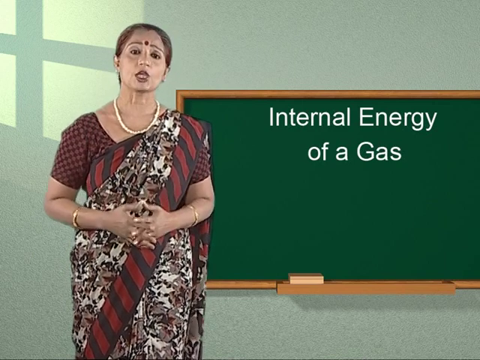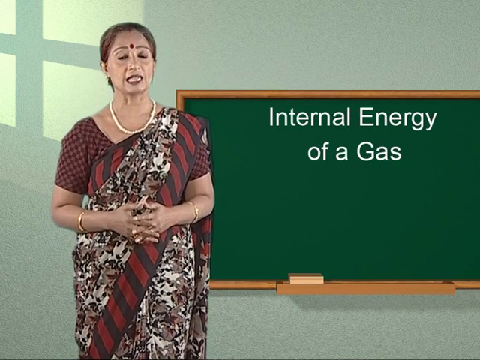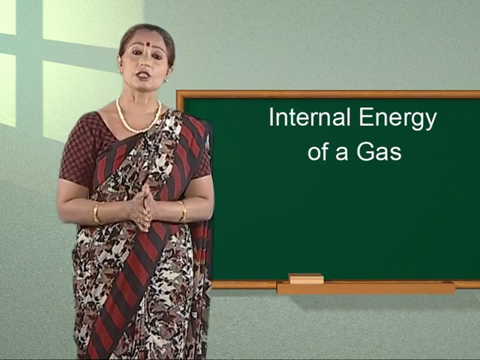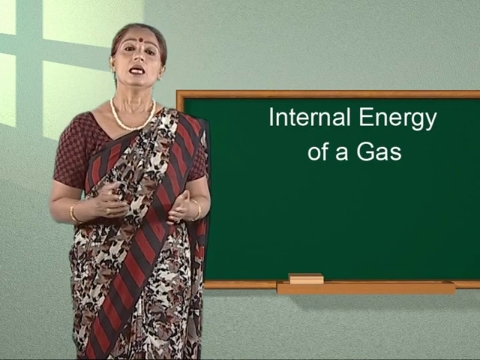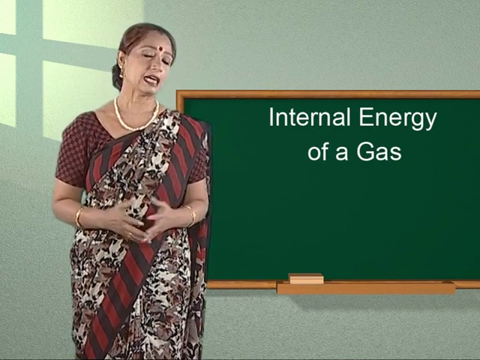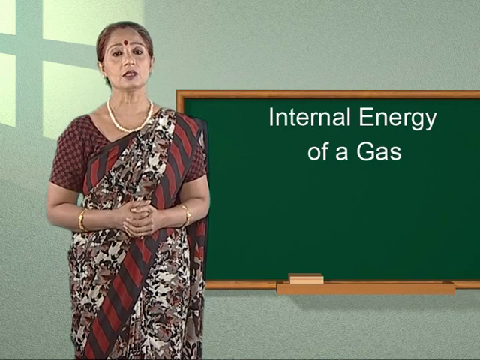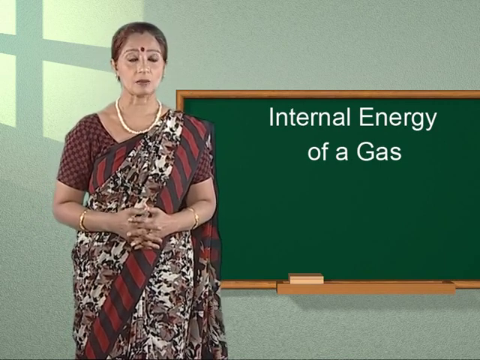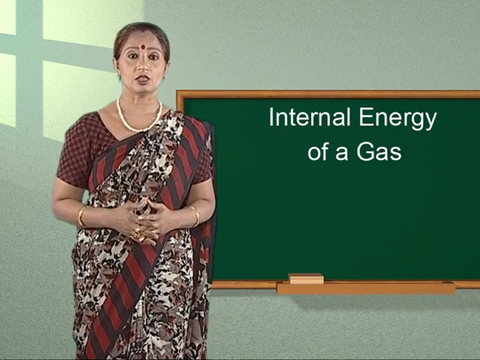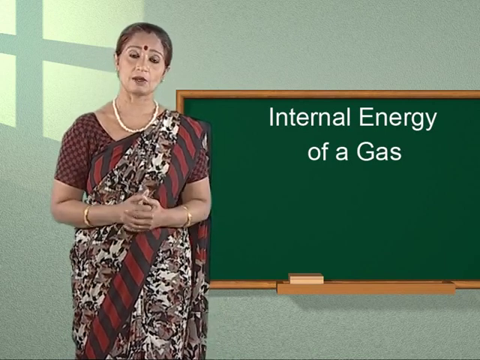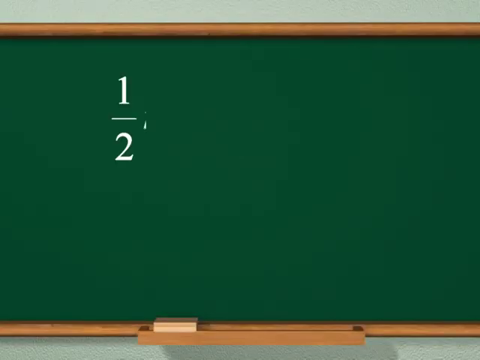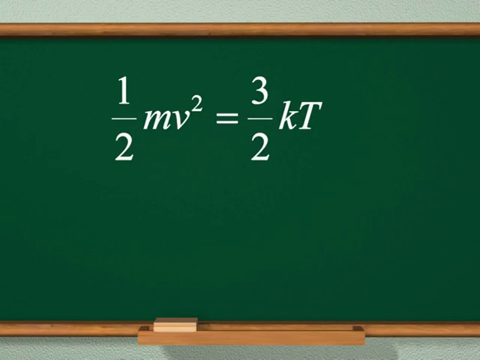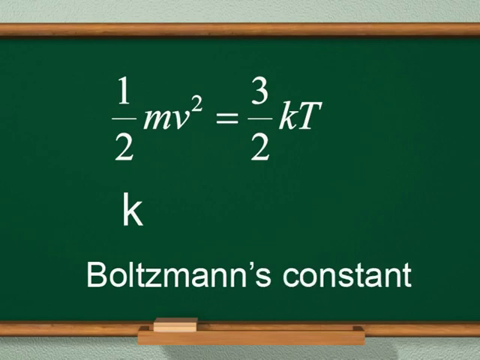Therefore, the intermolecular potential energy of a real gas is a function of its volume. The molecules of a gas are always in random motion, and according to the kinetic theory of gases, the average kinetic energy of the gas molecule is given by (1/2)mv² = (3/2)kT, where k is the Boltzmann constant.